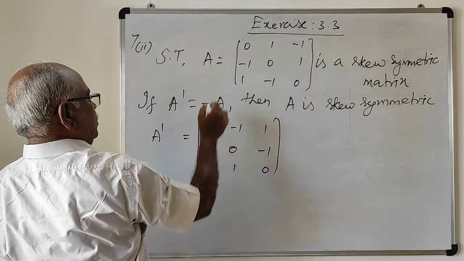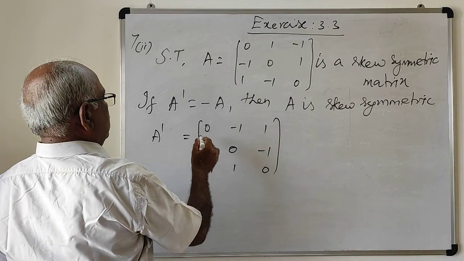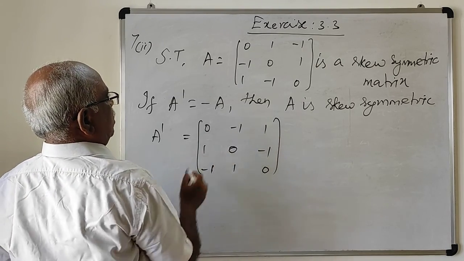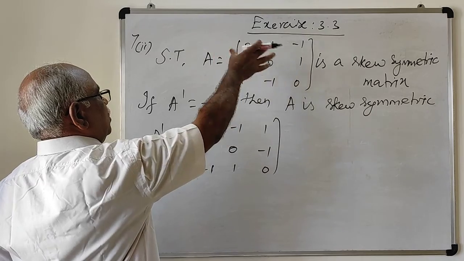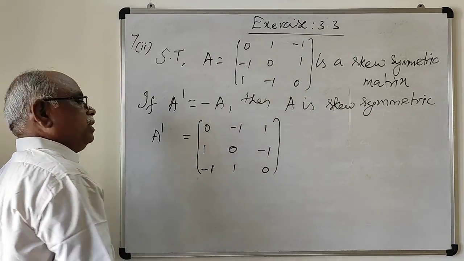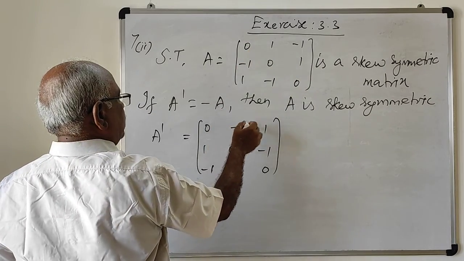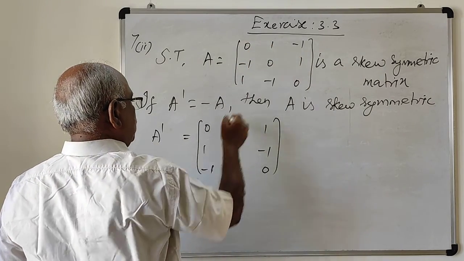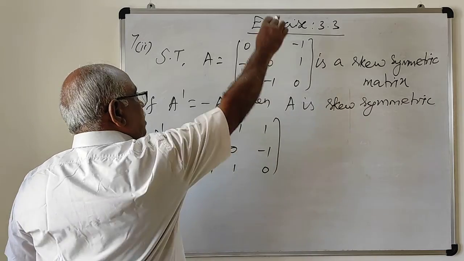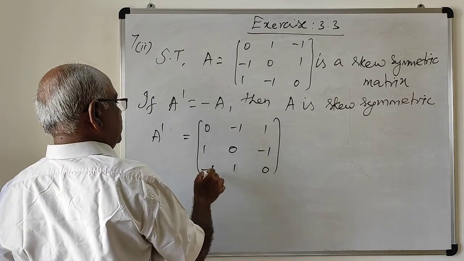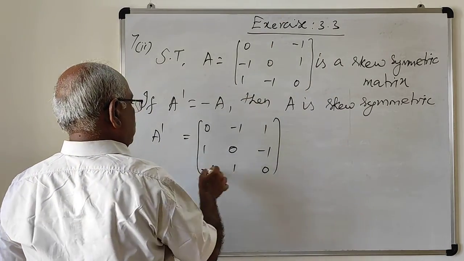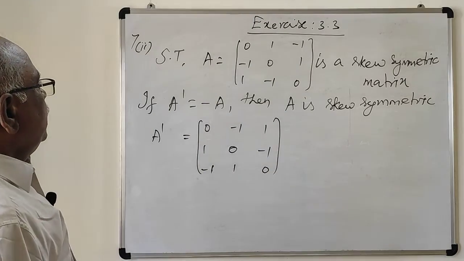A is 0 1 minus 1, and A dash is 0 minus 1 1. Interchanging the rows and columns of A gives the transpose of A. This is A dash.